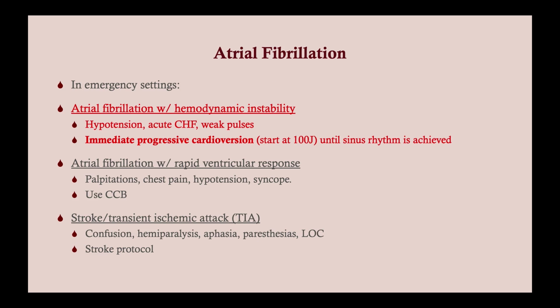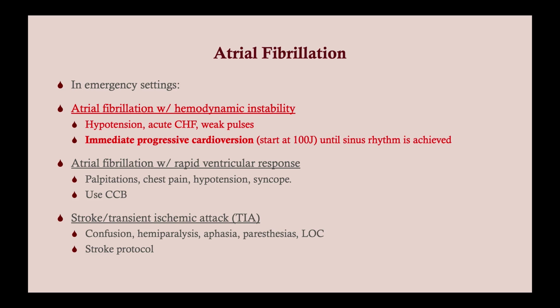Now, in emergency settings, let's say you have a patient with atrial fibrillation with hemodynamic instability, and of course, by hemodynamic instability, we're talking about hypotension, acute congestive heart failure, weak pulses. In this case, you want to do an immediate progressive cardioversion starting at 100 joules until sinus rhythm is achieved.